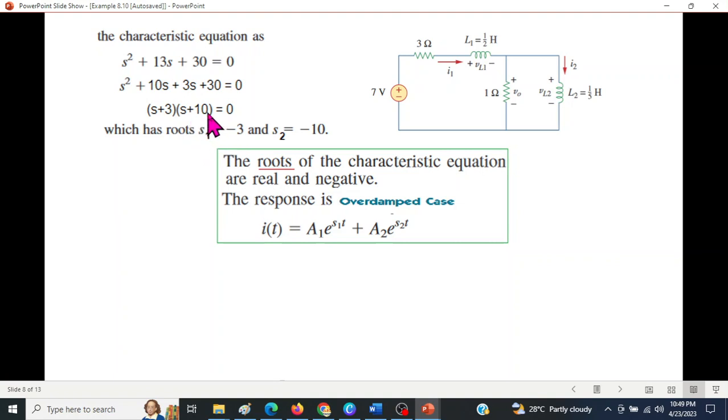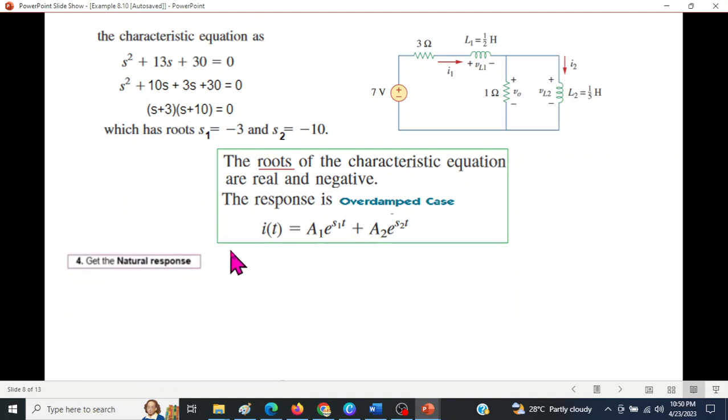Similarly, this one equal to 0, that means the second root, we're calling it s2, is minus 10. So the two roots are here. Now we have learned that the roots of the characteristic equation, if they are real and negative, then the response will be overdamped. And for the overdamped case, we will use this formula. So this is what we are going to use here.